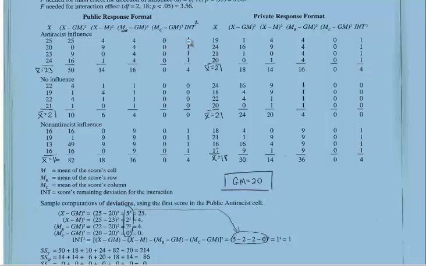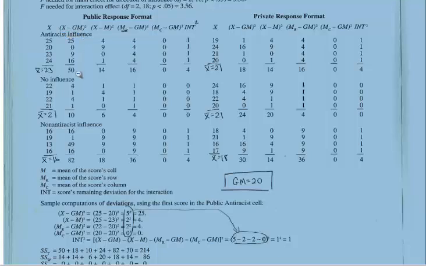After figuring out all of these contributions to sums of squares, we actually compute the sums of squares. So the total sums of squares that we're looking at, the total amount of variability that we're trying to determine, is based on adding up all of these squared deviations between the observed score and the grand mean.